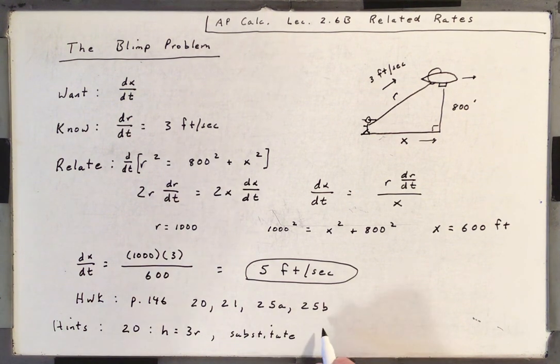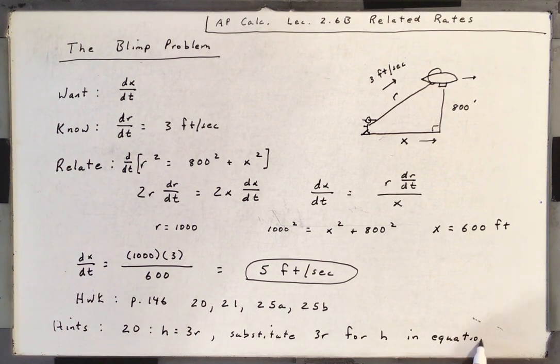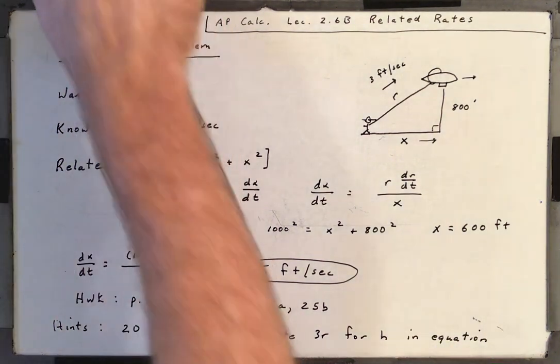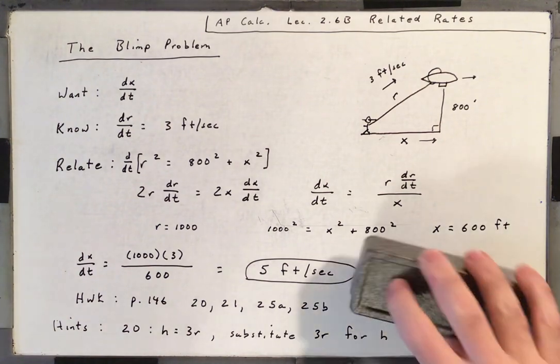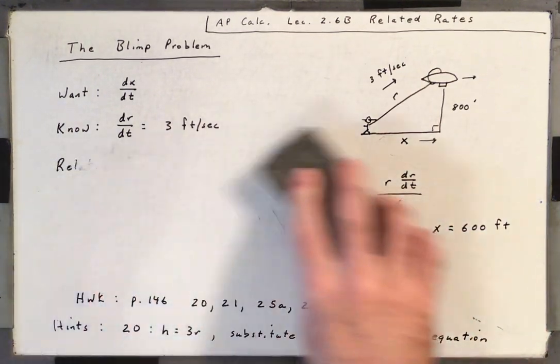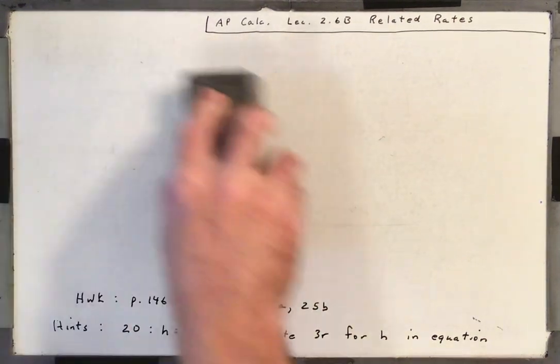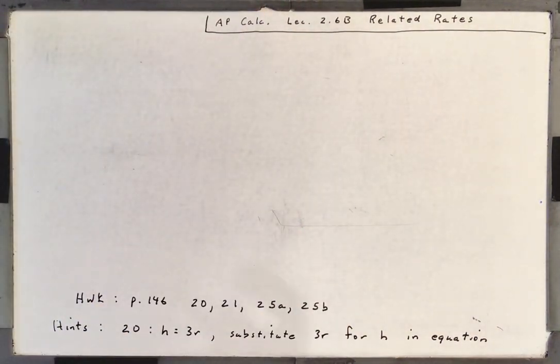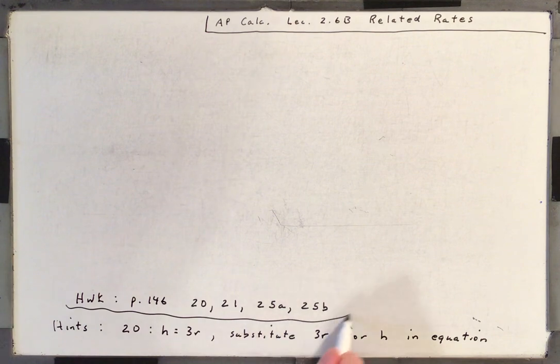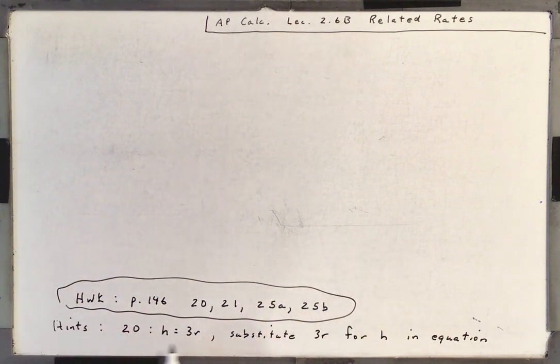Otherwise, you have too many variables in the equation. All right, looks like I'm running out of room for my hints here. Okay, 20. So for number 20, h is equal to 3r.